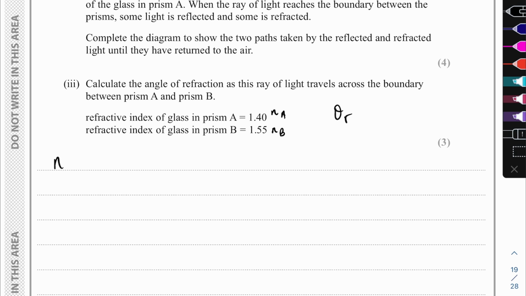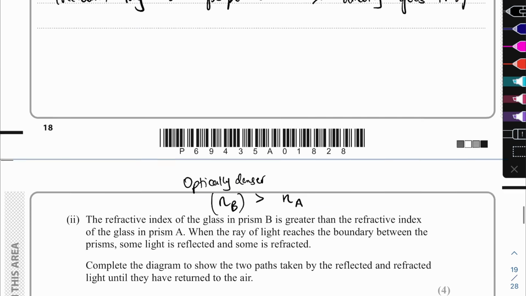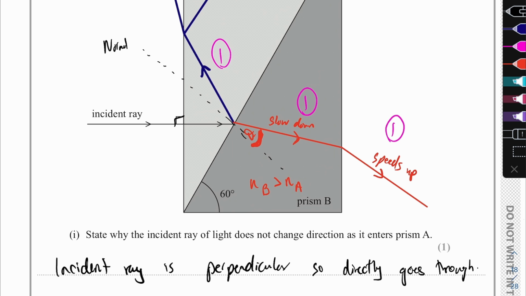So the equation is what? n1 sine theta 1 equals n2 sine theta 2. Do we know the angles? Let's see. We know this is 60 degrees. If this is 60 degrees and this is a right angle triangle, this is going to be 30 degrees. And if this is 30 degrees and this is a right angle triangle, this will be 60 degrees.